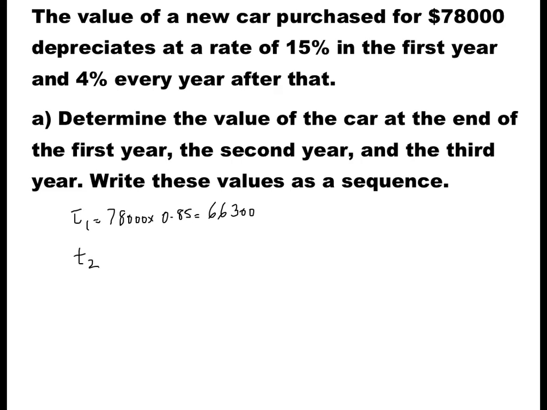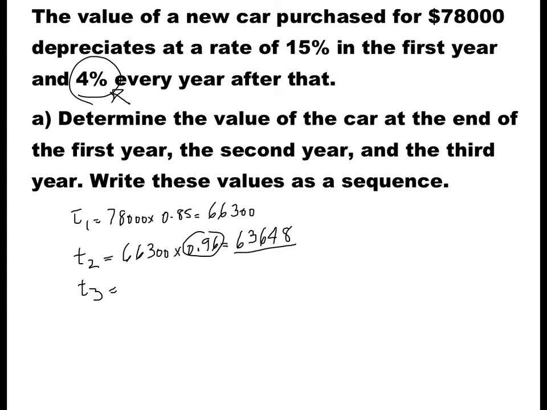In the second year, the value of the car decreases by 4%. So this means now it is 100% minus 4%, which is 96%. So it's going to be 66,300 times 0.96, which is 63,648. The third year is going to be again this times 96%, because it goes down by 4%.